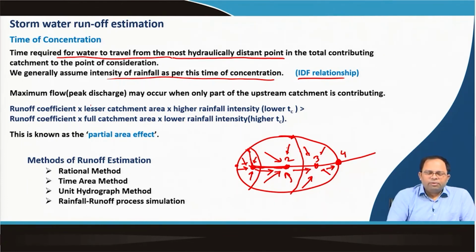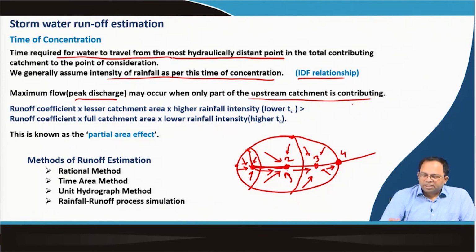So, maximum flow, the peak discharge, may occur when only part of the upstream catchment is contributing. We are assuming that the entire catchment is contributing, and whenever the entire catchment's water reaches the particular point, we have the largest time of concentration, but it may not be true. That means the maximum flow may occur when only part of the upstream catchment is contributing.